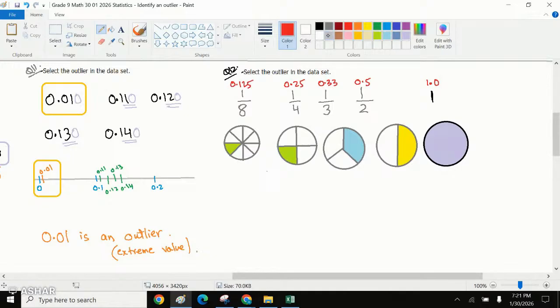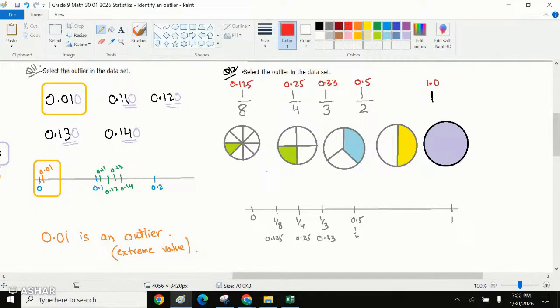Agreed? So if we want to draw these numbers on the number line as per the given fraction, we know that if this was a 0, this was a 1, this would be a half, this would be 1/3, that is 0.33, and this would be 1/4, this is 0.25, and this would be 1/8, that is 0.125.